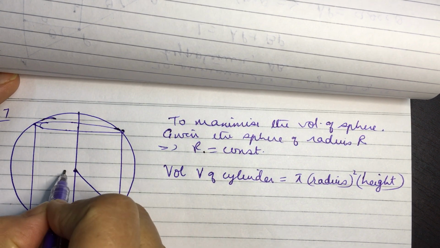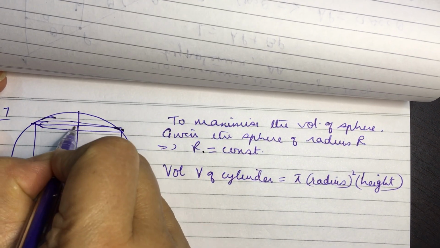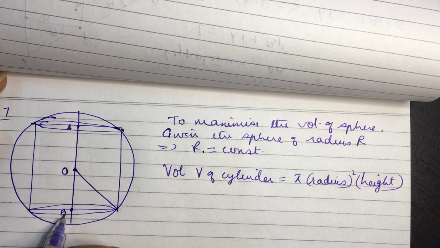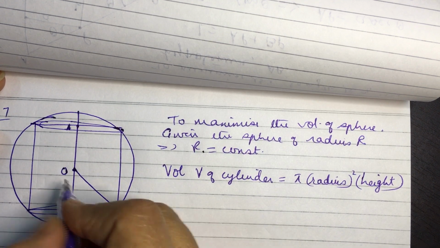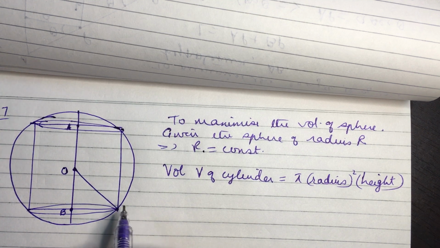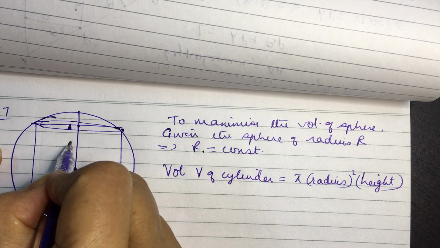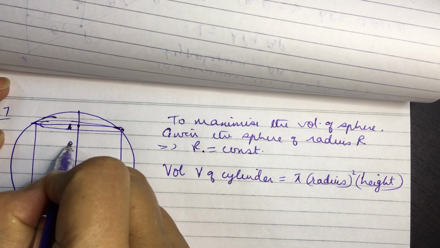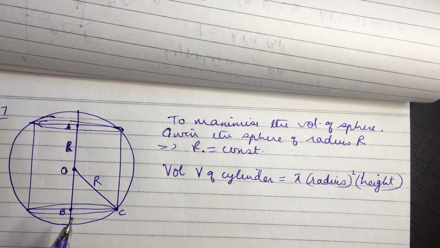Now let's call this O, this is the point A, and let's call this point B, so that the height of the cylinder is AB, and this is, let me call it C. This is the radius r of the sphere. OC is the only thing which is r.